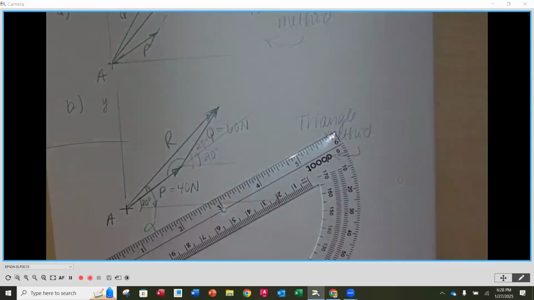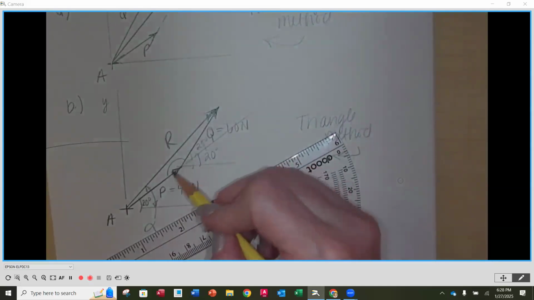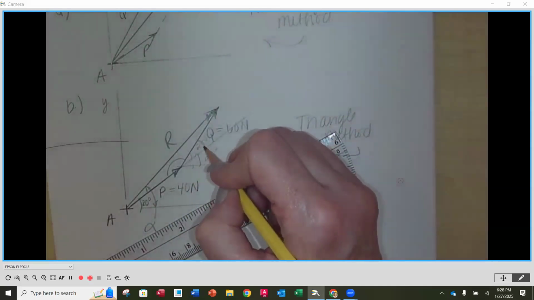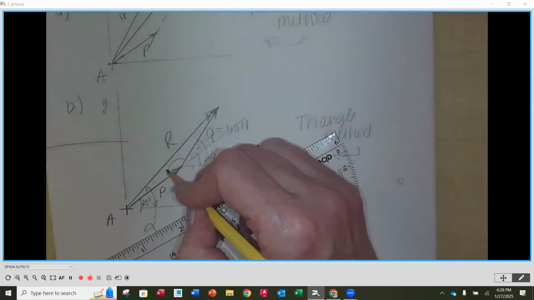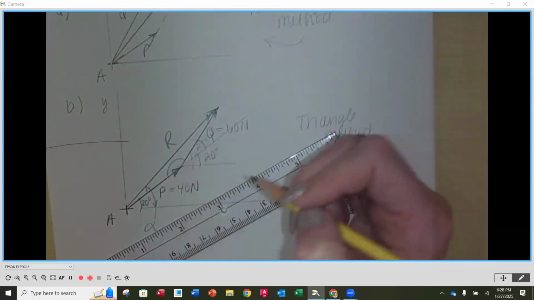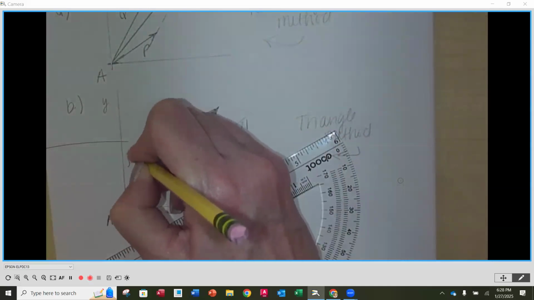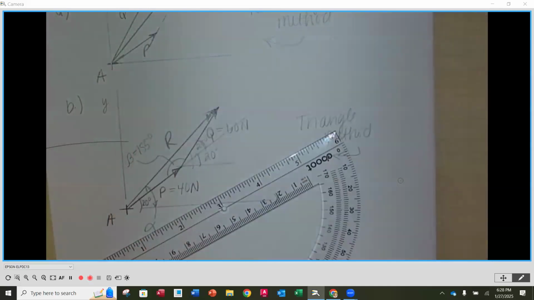Yeah, 155. So 180 minus 25. So I'm going to call that beta equals 155 degrees. So that's your obtuse angle. Was that kind of where you were going with that? Yeah.